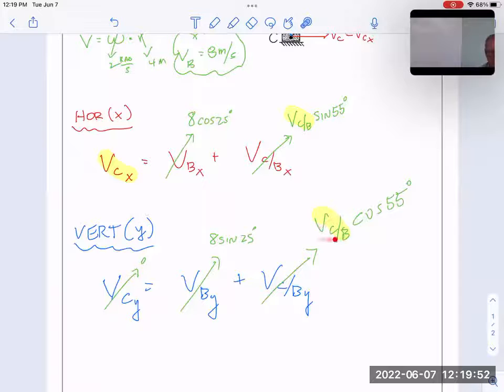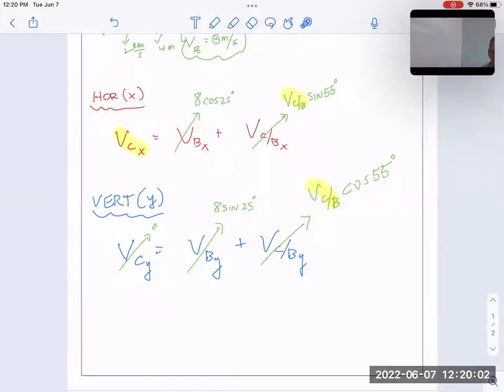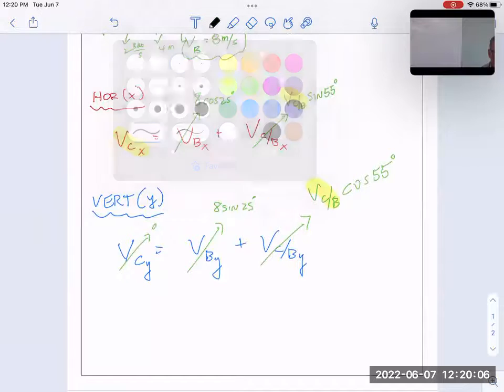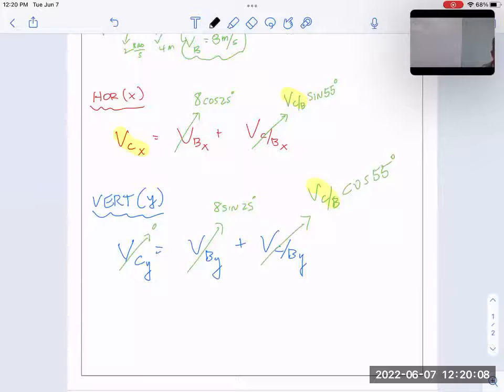And this just has one unknown. So I can actually solve. Had I written the vertical equation first, I would have been able to say, oh, I can answer that. That's kind of cool. So in the interest of valuing your time, if I solve that, I get the velocity of C as it rotates around B as being 5.89.